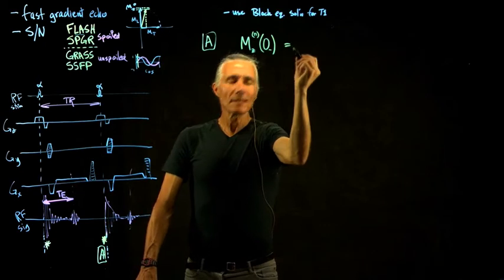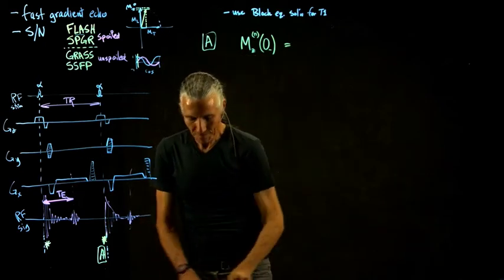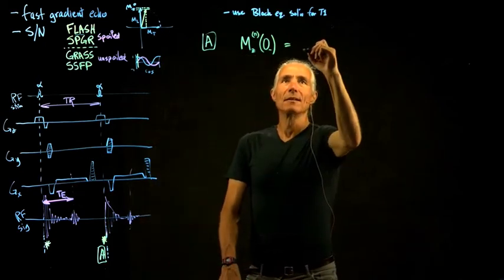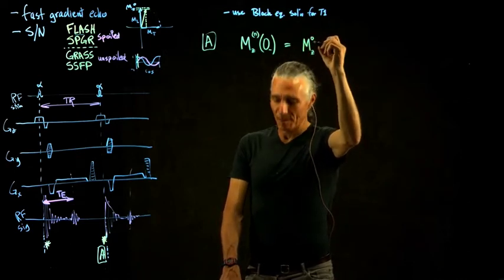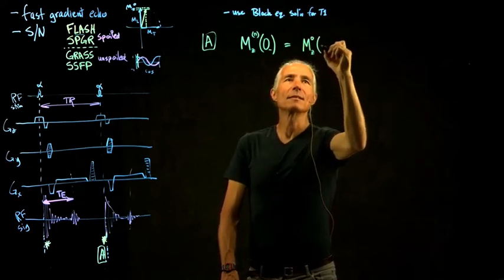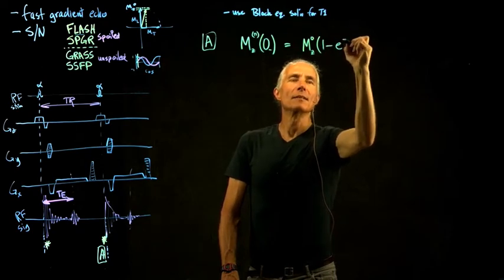What that's going to equal is our amount of recovery, and the first term in the Bloch equation solution is 1 minus e to the minus TR over T1.